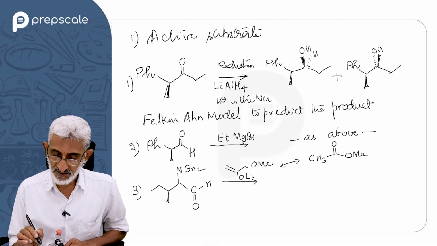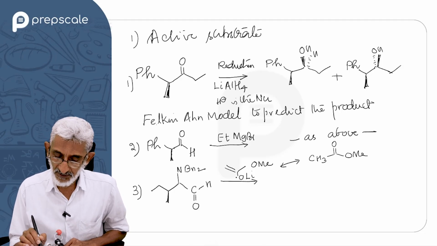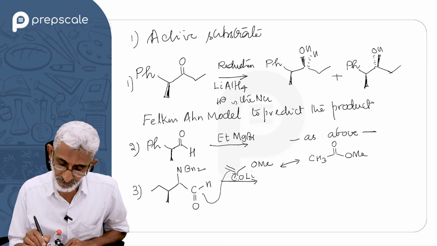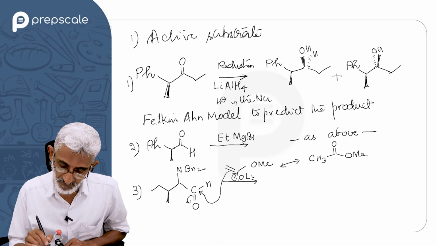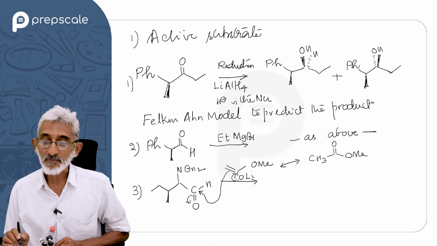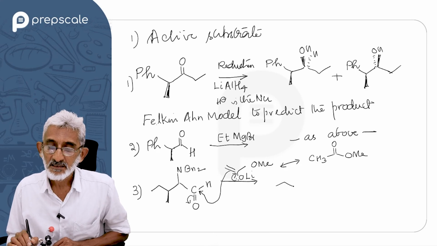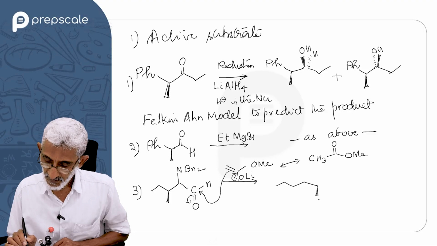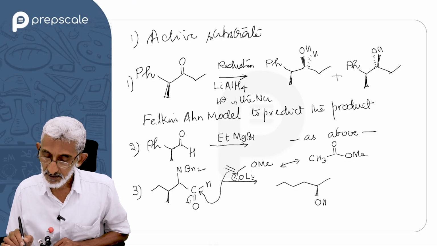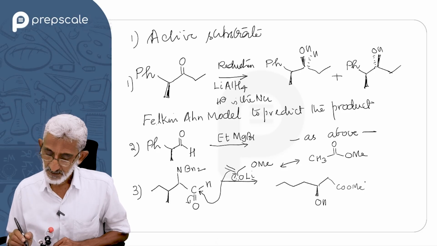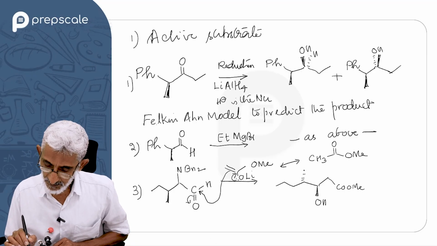Now this nucleophile can attack on this carbon. How does it happen? See here, this is how it attacks. And what product do you get? Yes, you have two possible products, with OH, COOMe, and NBn2.